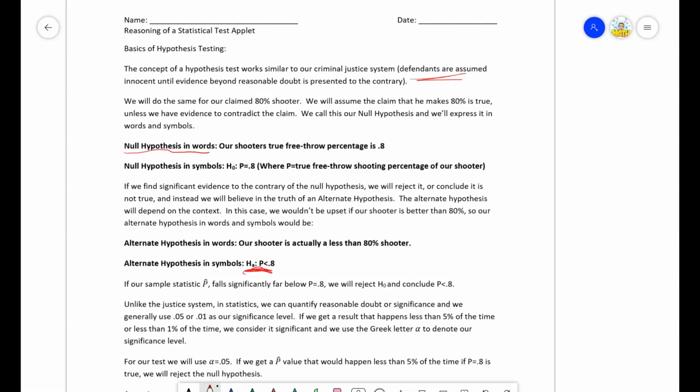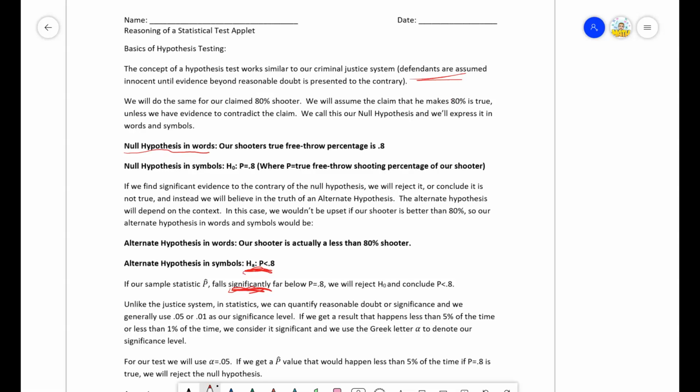Okay. Some textbooks you'll see might put the null hypothesis like this. They might say for a one-tailed test like this that it's greater than or equal to 0.8. I never do that. I think it's much easier just to say that the null, nothing, no difference, is always an equal sign, and you'll always be okay with that. So if our sample statistic falls significantly, right, how do we measure that?